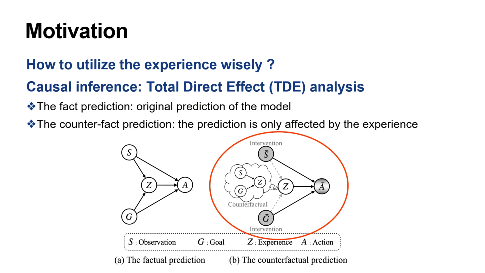Motivated by wisely utilizing the learned experience, we propose the soft total direct effect framework based on the causal analysis. Our method can eliminate the prediction bias brought by the experience. To decouple the effect of experience, we construct the counterfactual prediction A-bar, representing the prediction that is only affected by the experience while ignoring the observation and the goal.